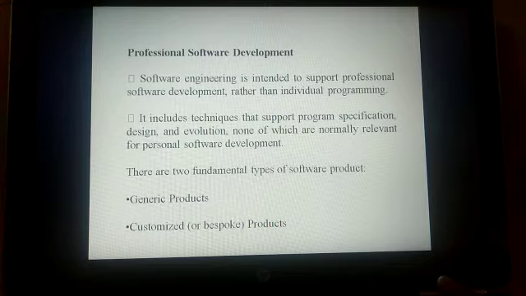So there are two fundamental types of software products. Software engineers are more concerned with developing software products, which come in two categories, generic products and customized products. Generic products are standalone systems produced by a development organization and sold on the open market, which everybody can use for their purposes.